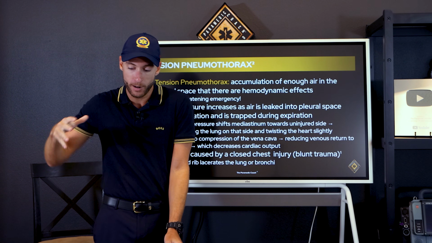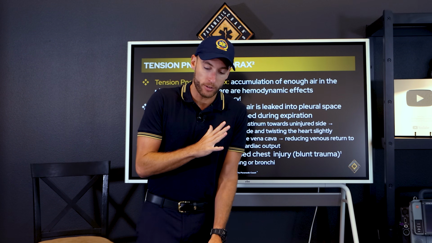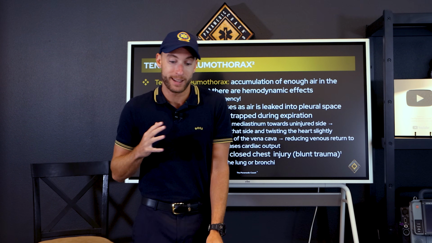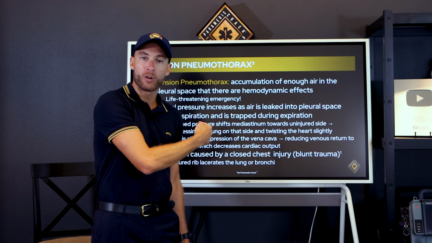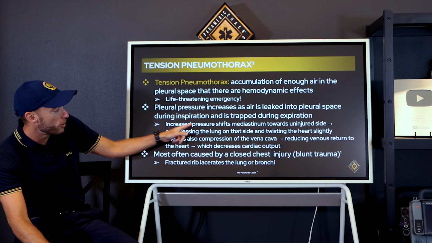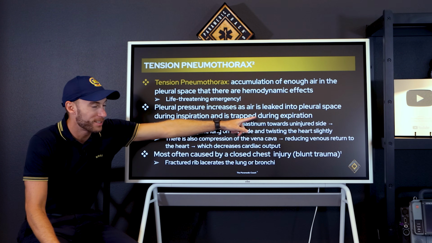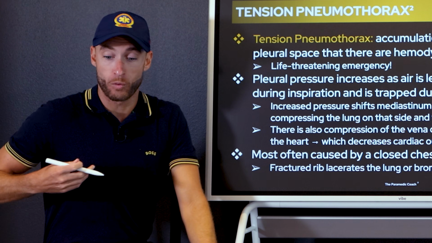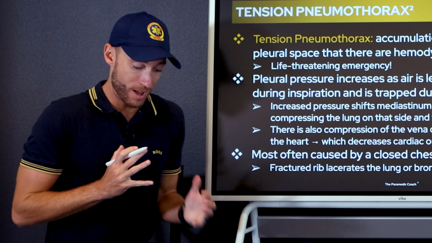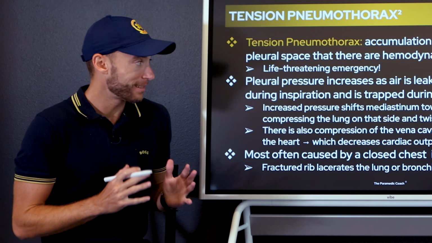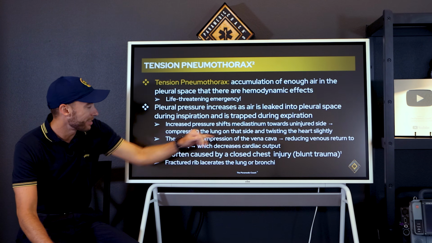Eventually the pressure in the pleural space is gonna move over. It's gonna put pressure on everything else, like everything in the mediastinum, like the heart, right? With pneumothorax, we get increased pressure shifting towards the mediastinum, towards the uninjured side. So in my scenario, the right side's hurt and all that air pressure is putting pressure on everything inside my chest, compressing the lung on that side and twisting the heart slightly.